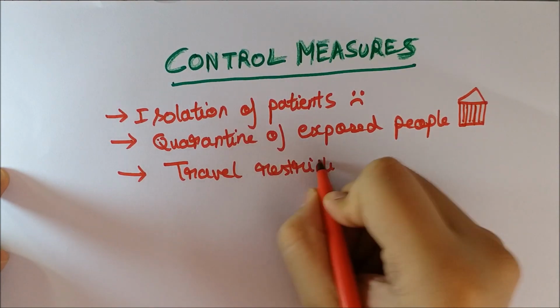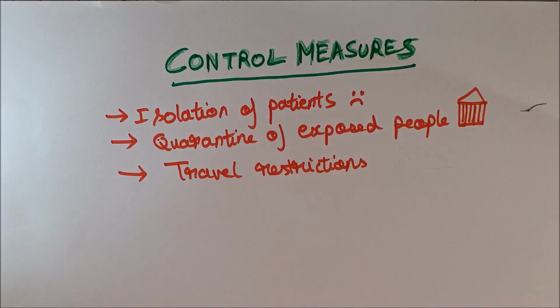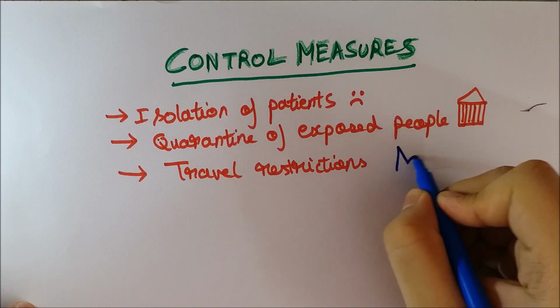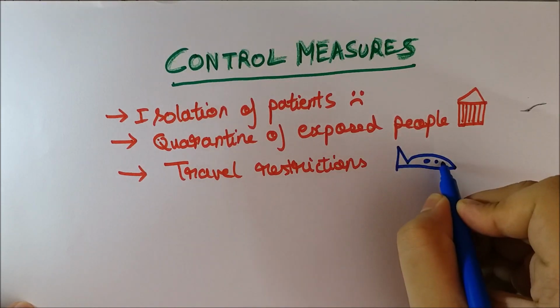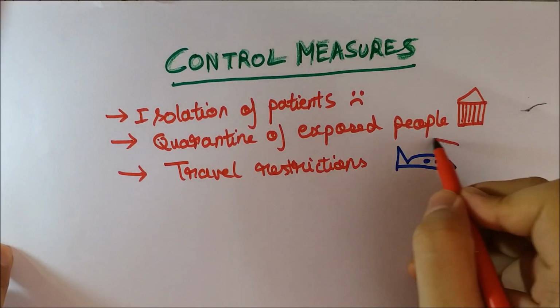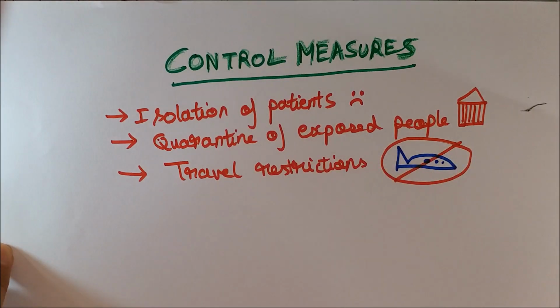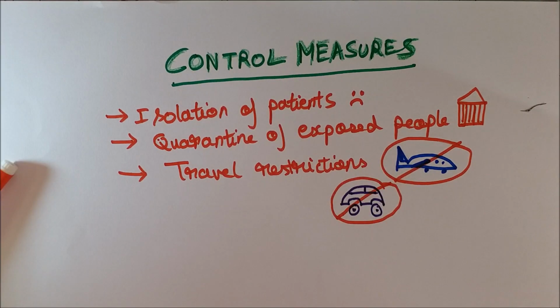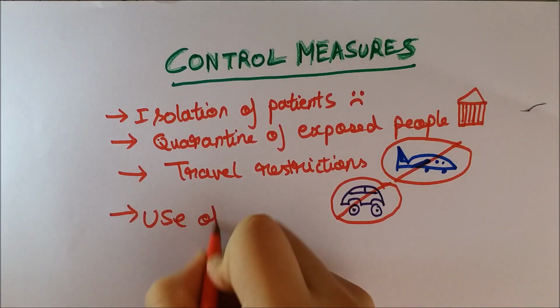Thirdly, and most importantly, we have to put travel restrictions so that people don't transmit the virus to other people, due to which several countries have put in lockdown measures.